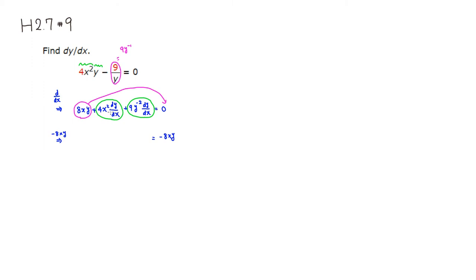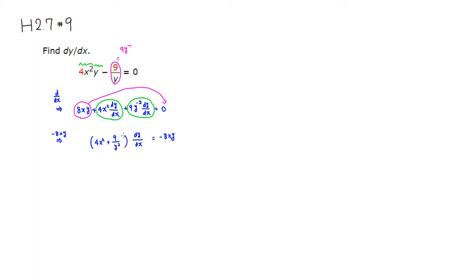Then we're going to factor out the dy over dx from those two terms here, because dy over dx is in common. From the first term you get the second factor, x squared. From this term, 9 is on top, so it's a negative power, so it's going to be y on the bottom, and it's squared.